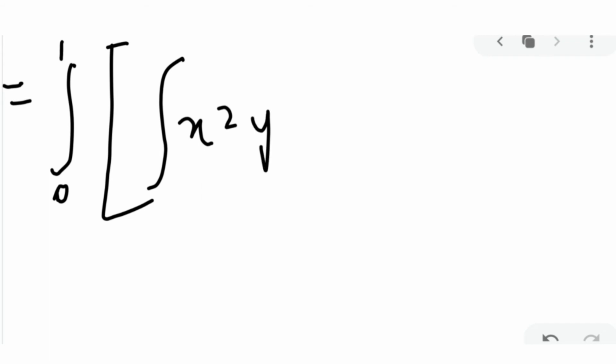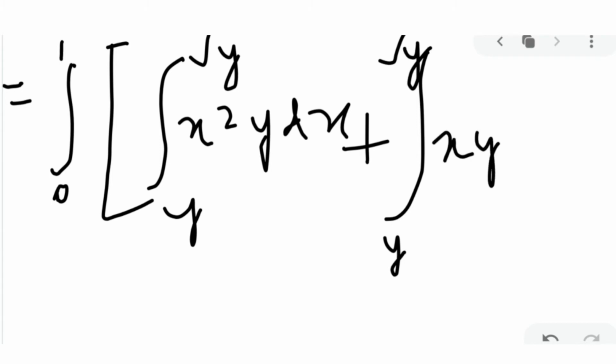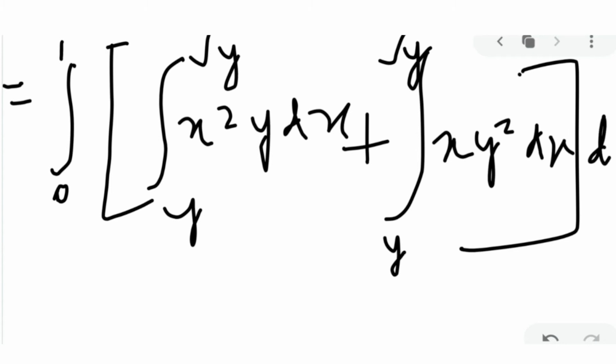Zero to 1, x square y dx, y to root y, plus y to root y, x y square dx, and then dy, right? So now we will integrate, put the limits here.